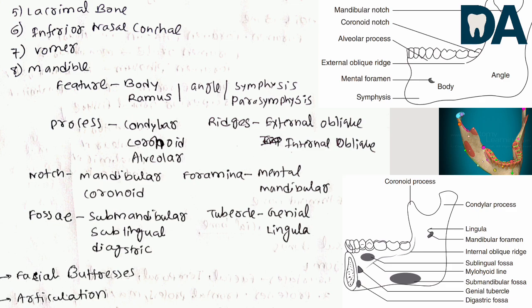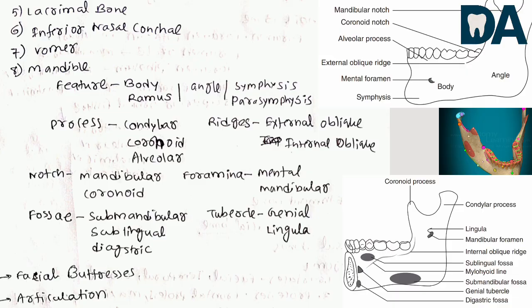It is the largest, strongest bone of the face and the only movable bone of the skull. It articulates with the skull by the paired temporomandibular joint. Features. The features of the mandible are described here. There are two main parts, body and ramus.